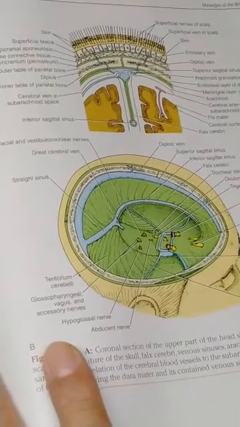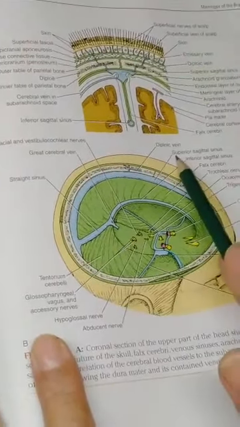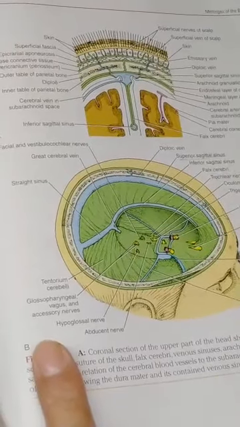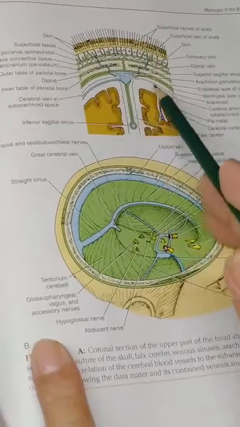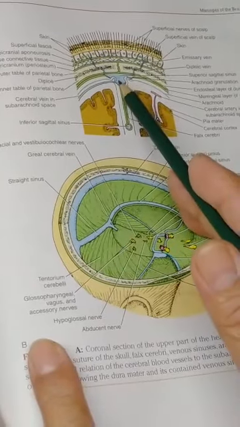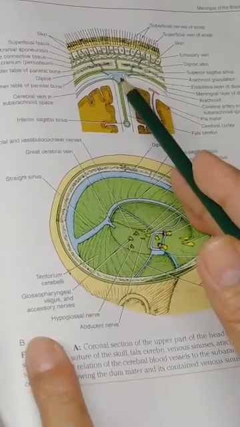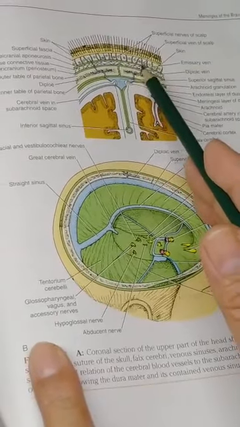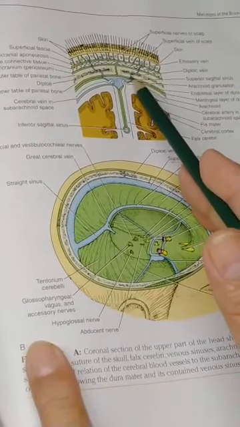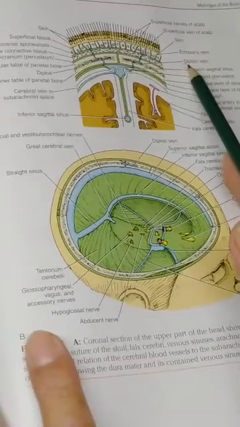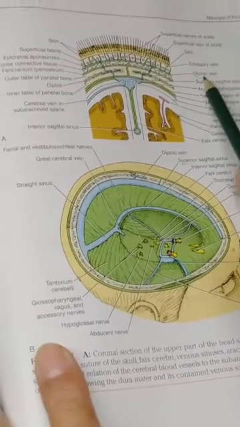This is a very large sinus. We call that the superior sagittal sinus. The superior sagittal sinus receives tributaries from the veins coming from the scalp, which we call the diploic veins.